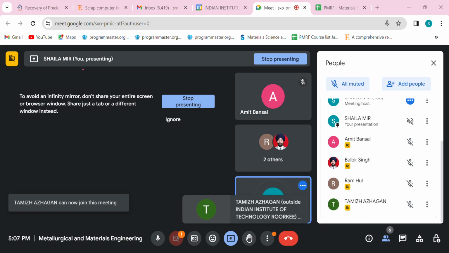For ductility you can use tension, so we can write A here. Then we have endurance limit. Endurance is related to fatigue, so we can say B. Then we have toughness. Toughness is measured by an impact test. I think we have not covered it, but there are different Charpy-type tests used for measuring the toughness of a material.